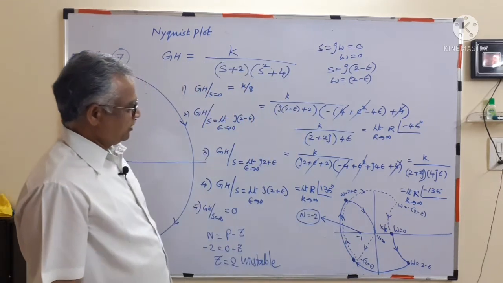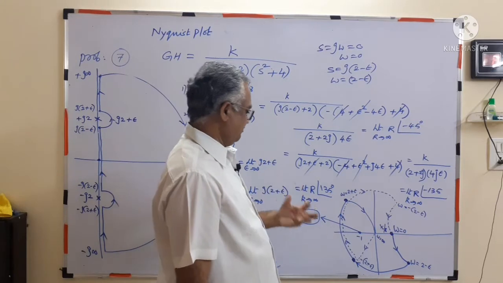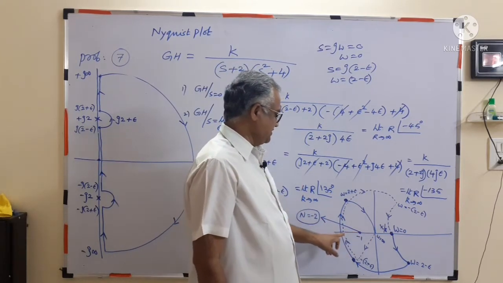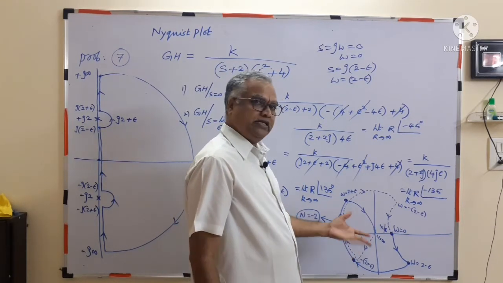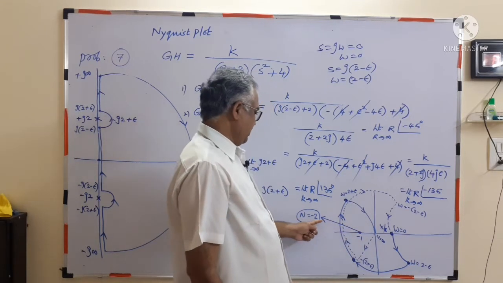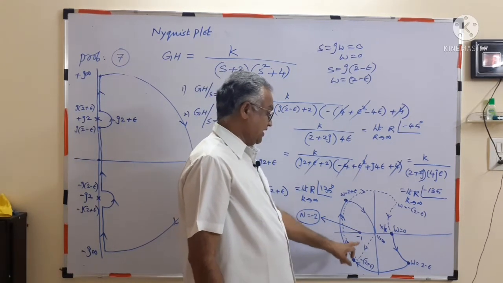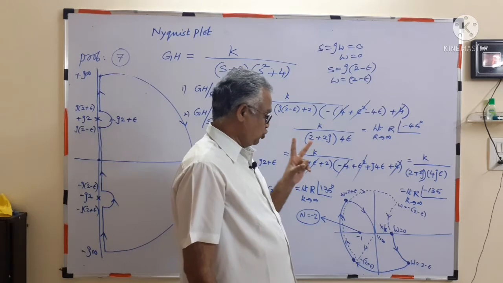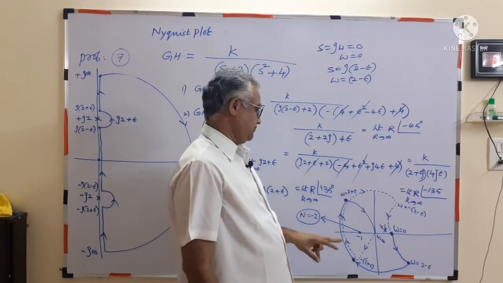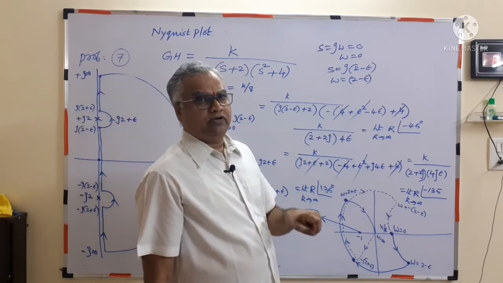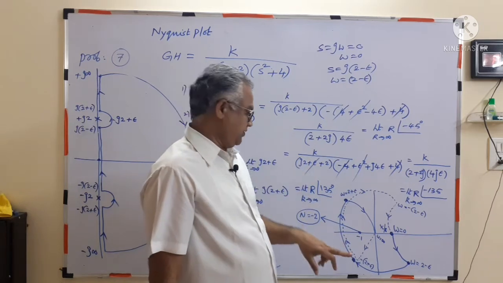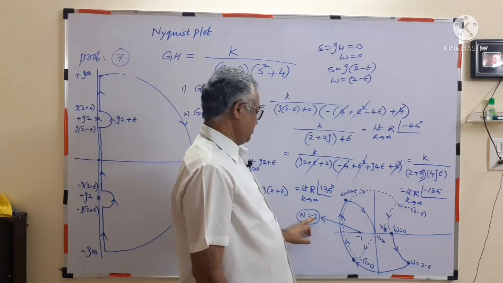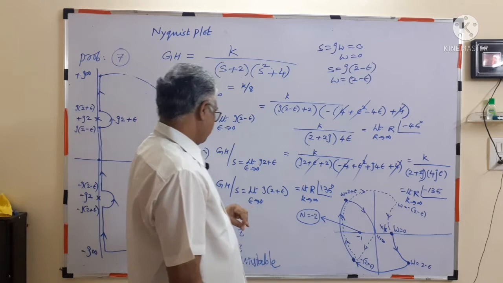Once the Nyquist plot is over, we have to find the encirclements. If this distance is infinite, definitely -1 is inside. So when you project a line, it is encircling the -1 point 2 times in clockwise. Clockwise means negative, so N equal to -2.